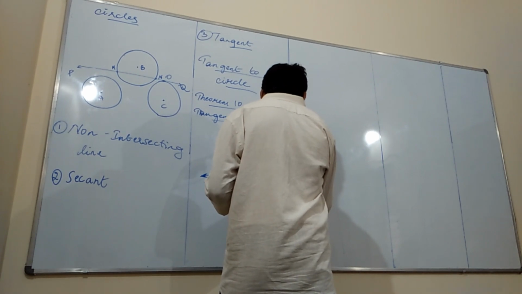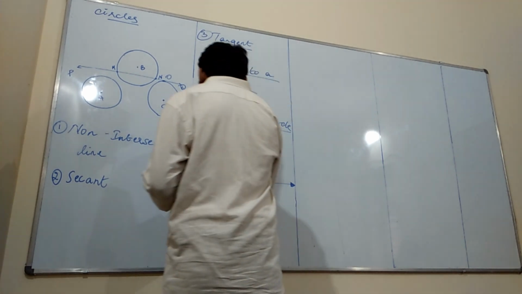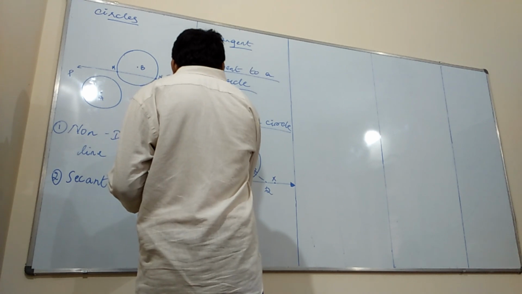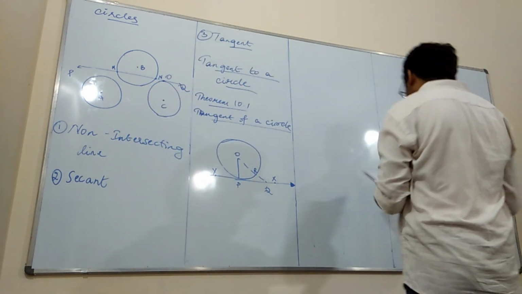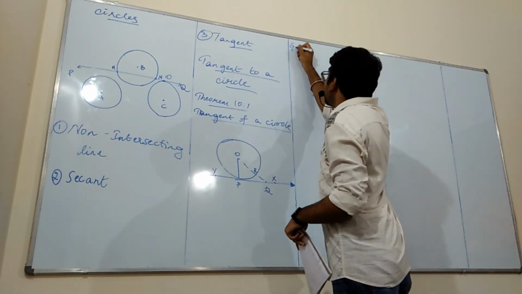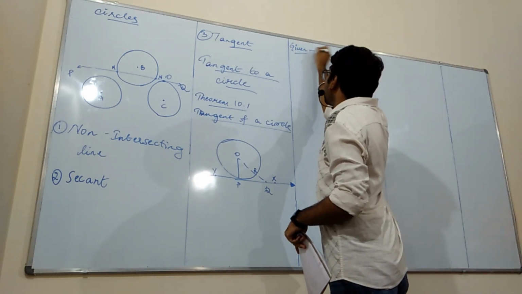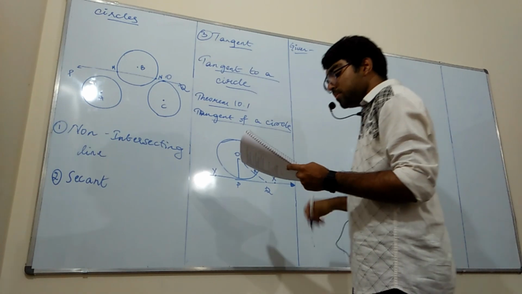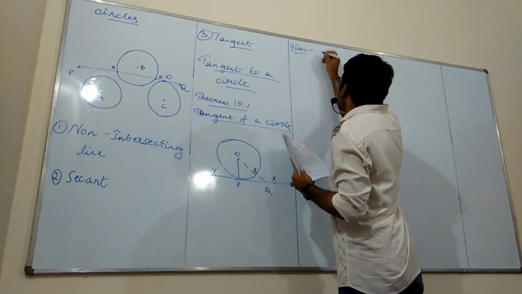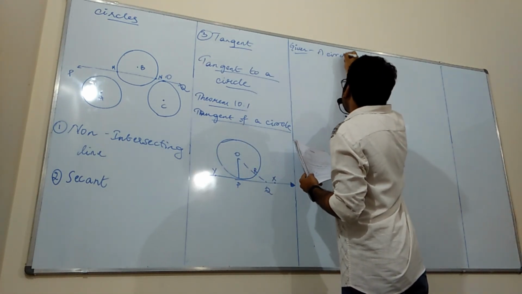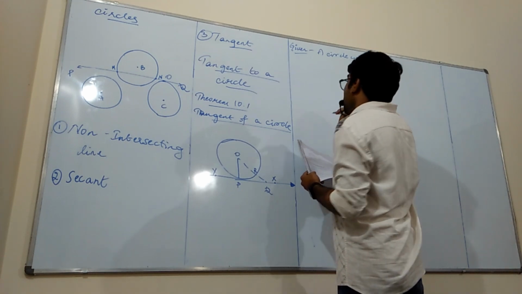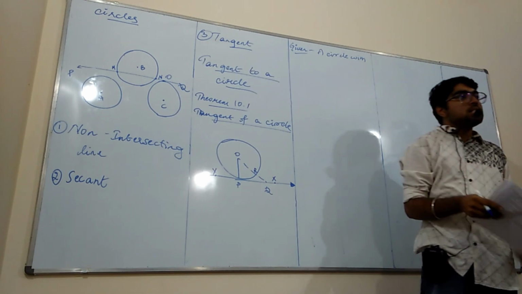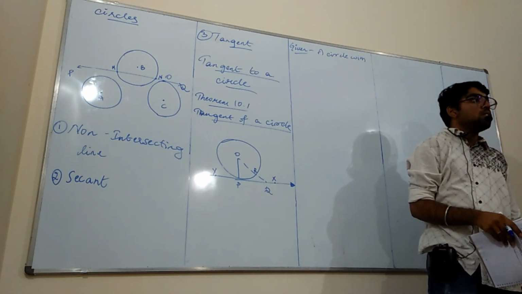With my explanation no one is bothering, so better zip your mouth and write. Given. What is given? O is the center. Will you people just write without discussing?